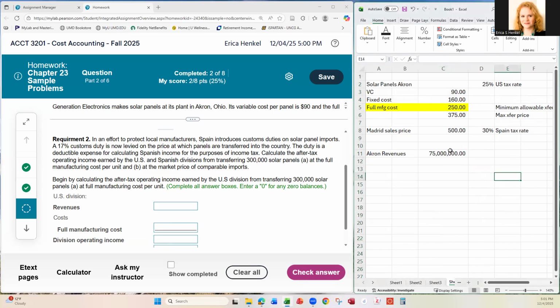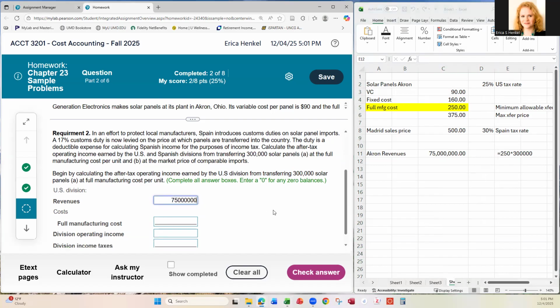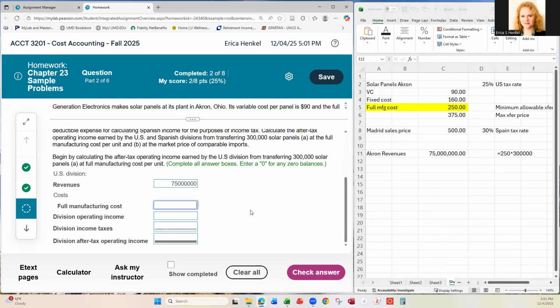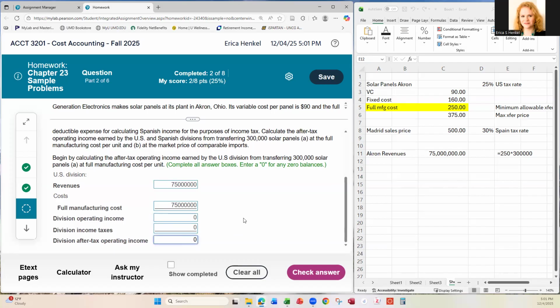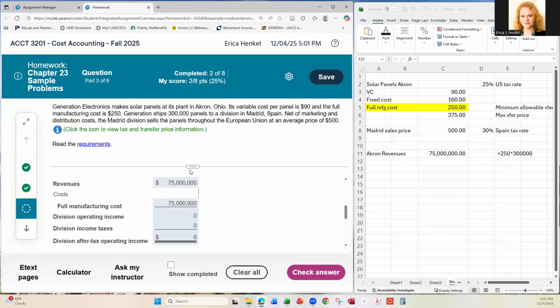I'll put the formula in here too, just in case anyone missed that. There we go. So 75 million. And the full manufacturing cost that we'll be getting charged, which is the 250. All right, so transferring it at cost gives us an operating income of 0 for that division. So it's just a break even, so no income in the US.